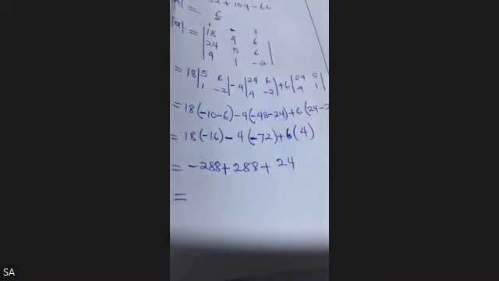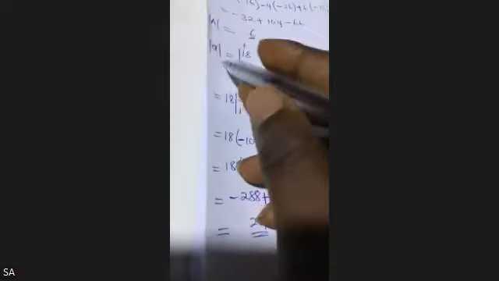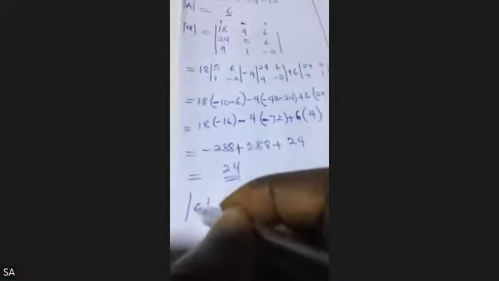So my dear friends, you can see that minus 288 plus 288, they cancel, now 0. Answer is what? 24. So the determinant of small a is what, class? 24.